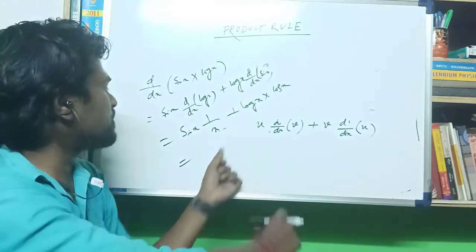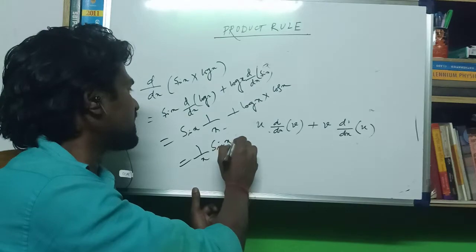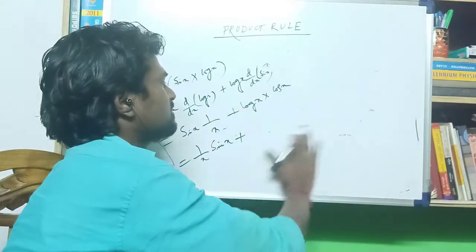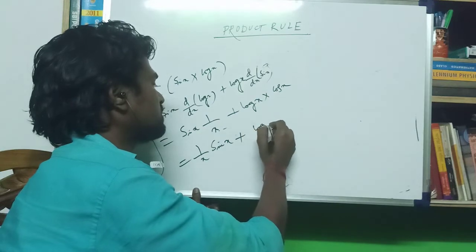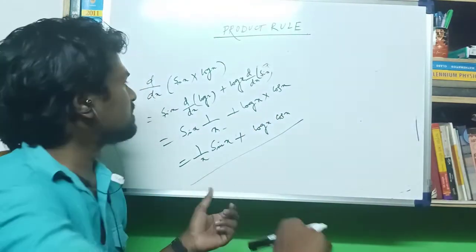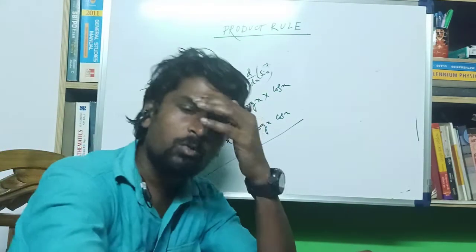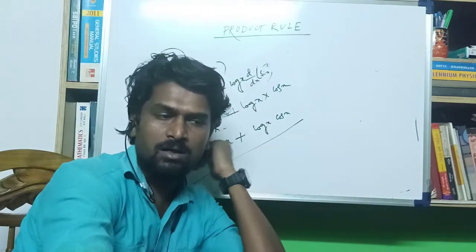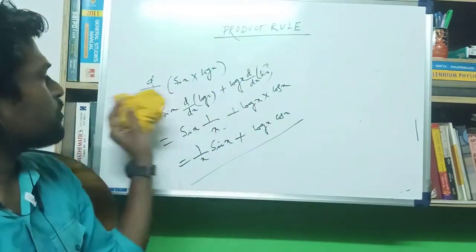So we have to write 1 by x into sin x plus log x cos x. If the two functions are in the form of a product, then you solve it with the help of the product rule.